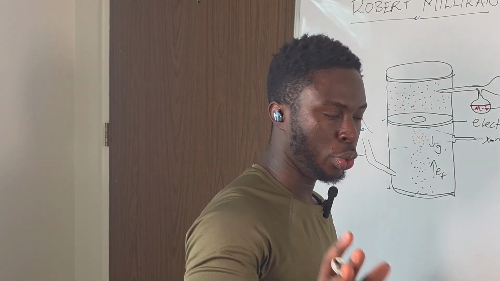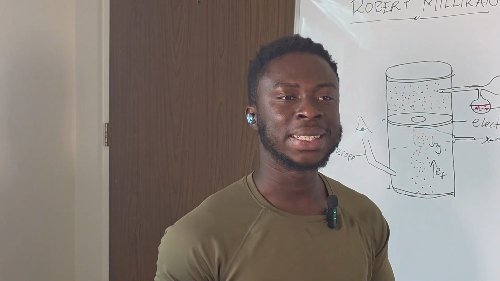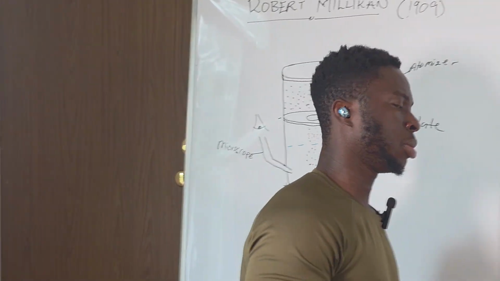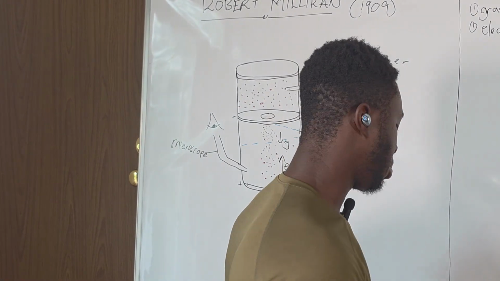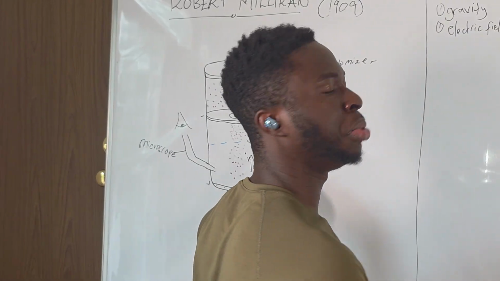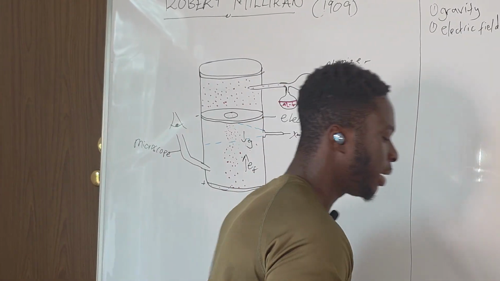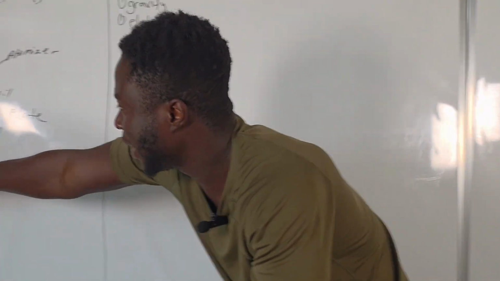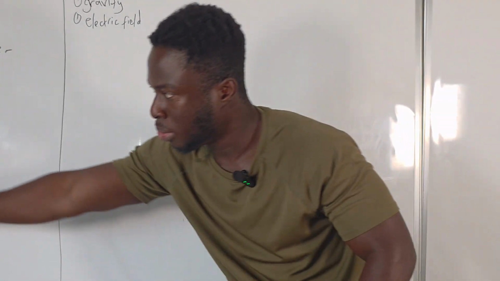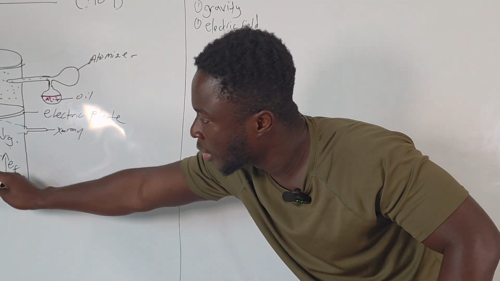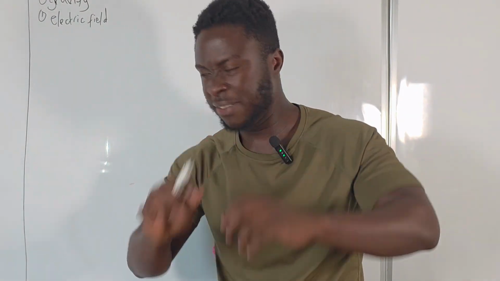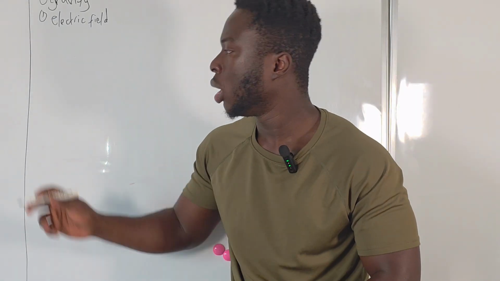Now, what Millikan did was he observed so many particles, hundreds and hundreds of them, and then manipulated them. He manipulated them to the point that the particles were suspended in air, because one, he could see them by viewing them through the microscope.